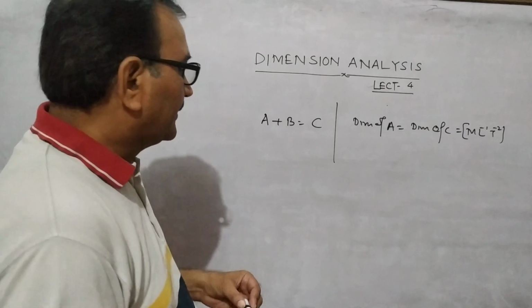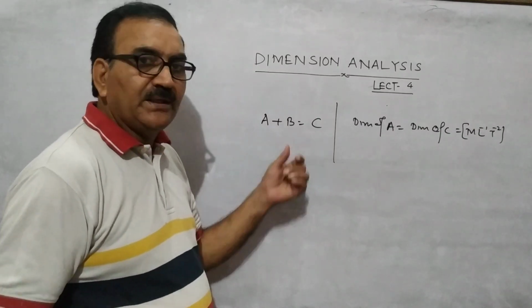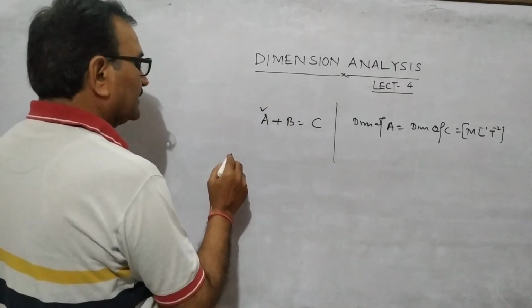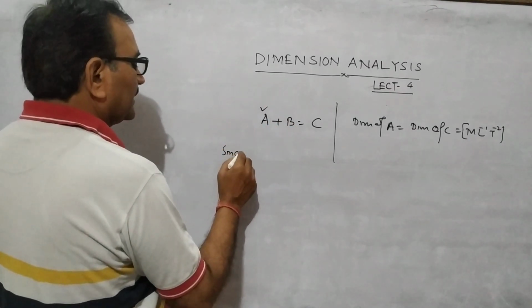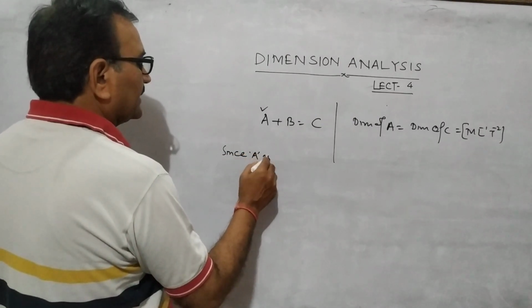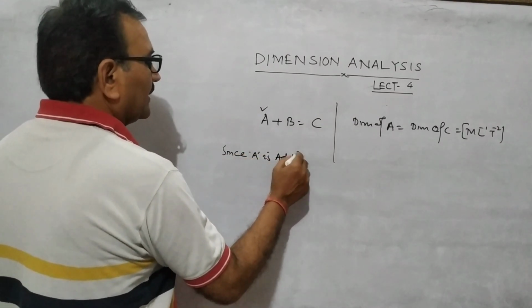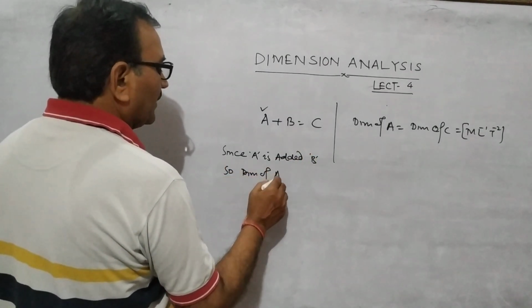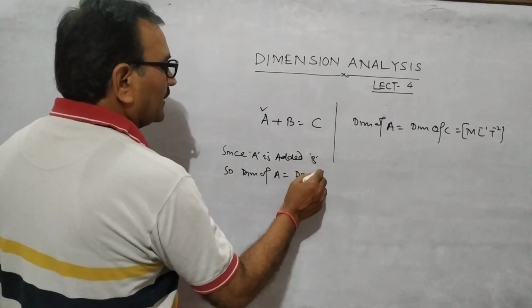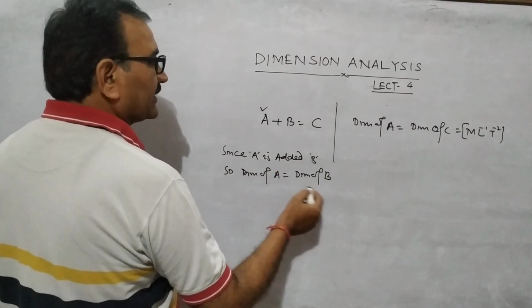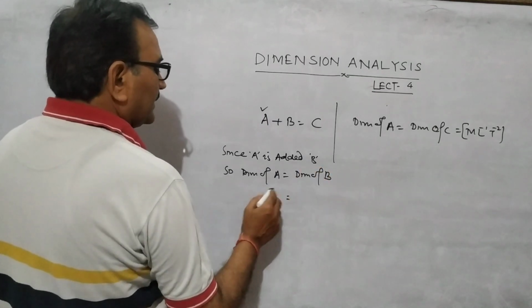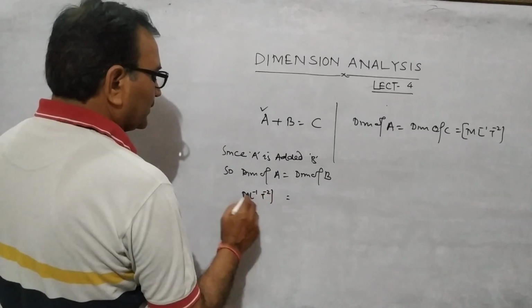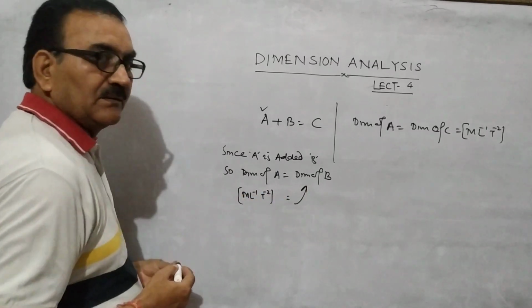And the question asks, what is the dimension of B? Since A is added to B, the dimension of A equals the dimension of B, that is M L to the power minus 1 T to the power minus 2. So this is the dimension of B.